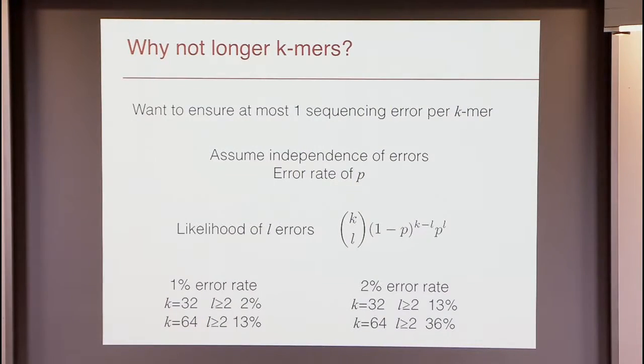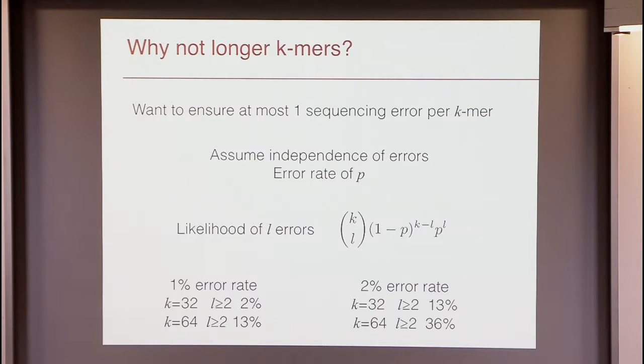So the other way to look at this: why didn't we use longer k-mers in Quartz? We want to ensure that there's at most one sequencing error per k-mer, because looking into a larger radius of Hamming distance gets exponentially more expensive. If we assume independence of errors, then for some error rate p under a binomial distribution, the likelihood of having L errors ends up something like this.